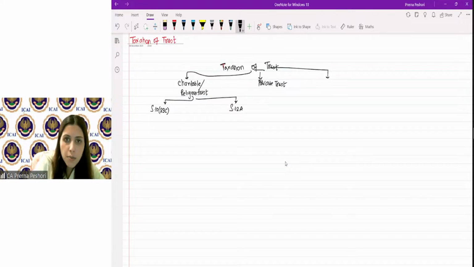Then the third one that we have is the political parties. Fine. Then we have the securitization trust.